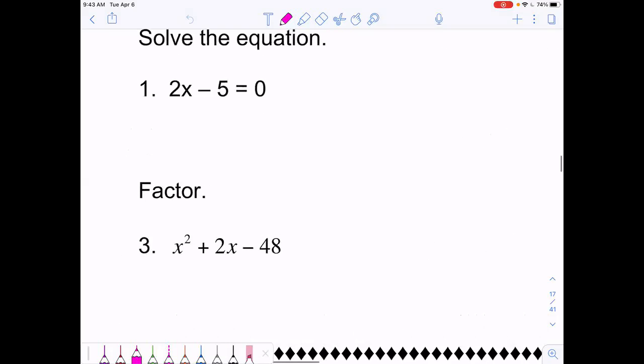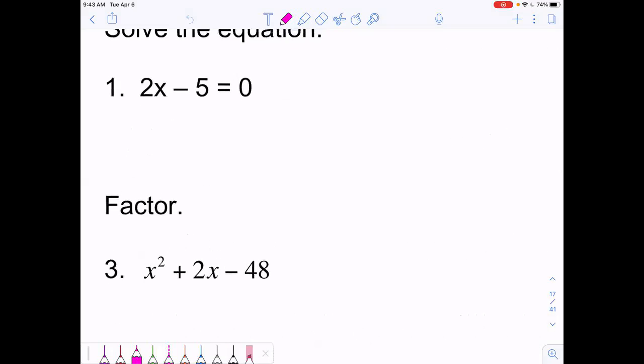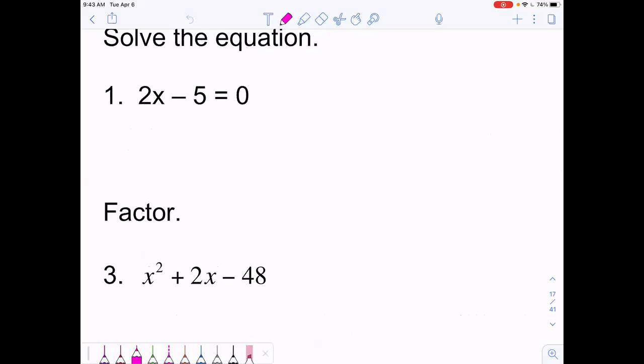Anya, what will we do to solve number 1 here? I can't really remember at the moment. Okay, what's the opposite of subtracting 5? Adding 5. Yeah, so we add 5 first.